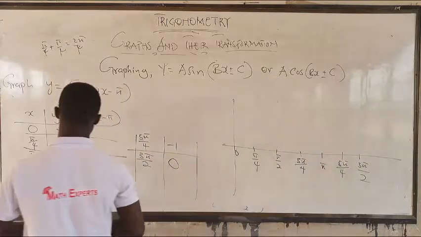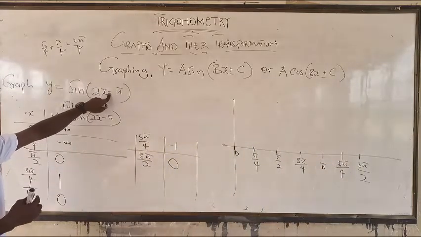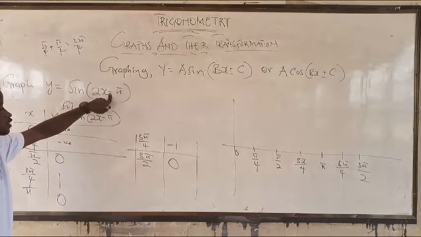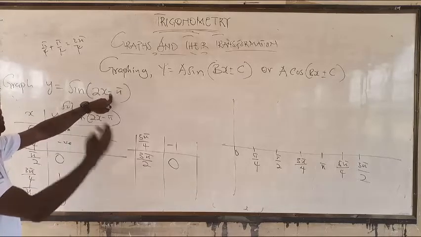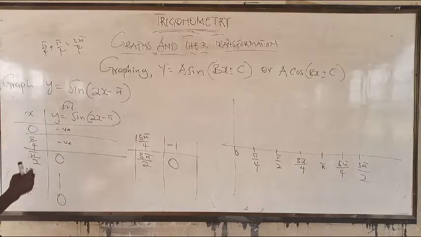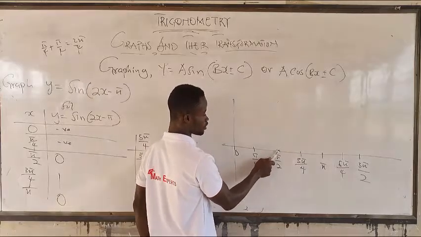Very good. So now you can see that after this it is negative, so it will be shifted to the right. When it shifts to the right, you're going to get it to be here.